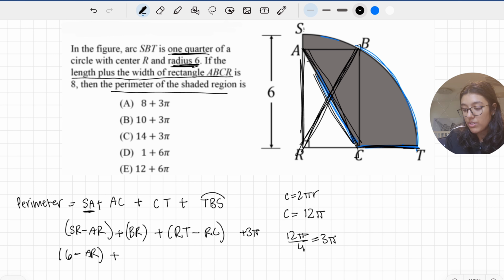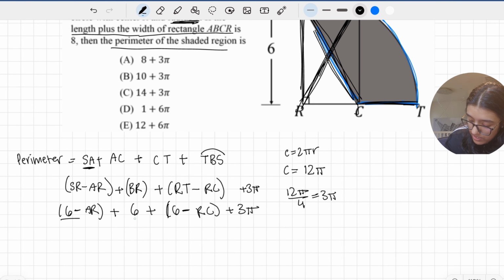If you look at the entire 1/4 of the circle, we see that BR is the radius, so BR is 6 units. Plus RT. RT is once again the radius of that 1/4 of the circle, so RT is also 6. Minus RC. We don't know what RC is yet, so let's just write RC as it is, and then we have 3 pi because of that TBS arc.